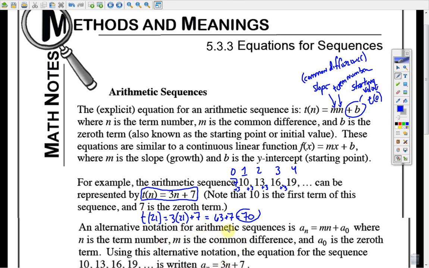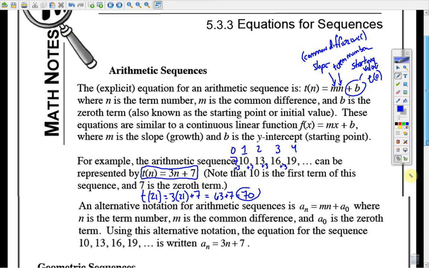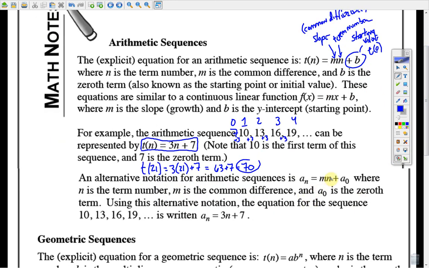An alternative notation for arithmetic sequences is a sub n equals mn plus a sub 0, where n is the term number, m is the common difference, and a sub 0 is the 0th term. So we can switch back and forth between these different notations.